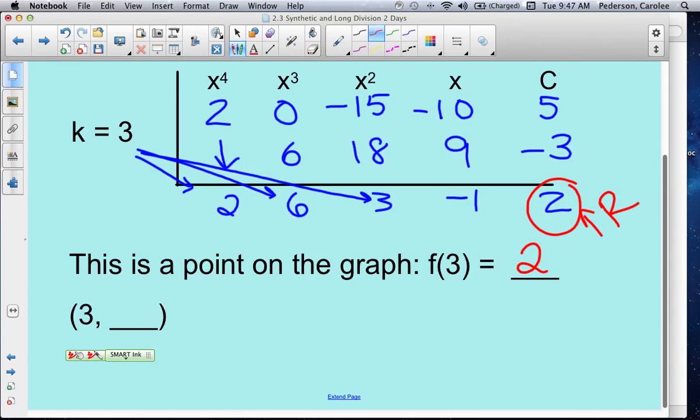So what would be the ordered pair then on the graph? 3, 2. So if I were to graph out this quartic function, remember quartic shapes are W's or M's depending on the leading coefficient. If we graphed this out, it's not an x-intercept, but it is a point on the graph. So that's how we can also use synthetic division.